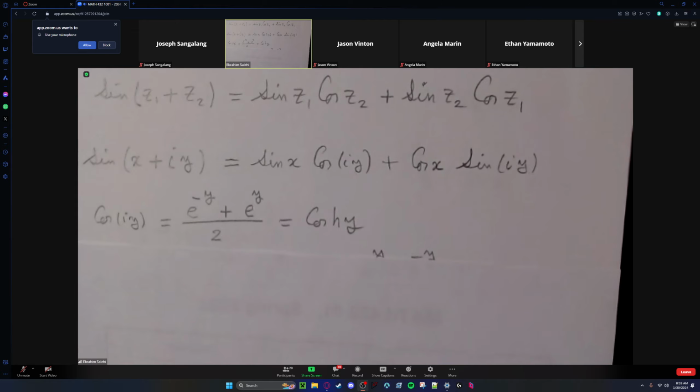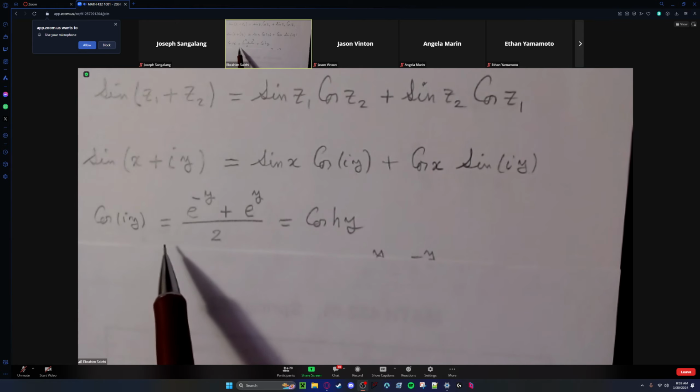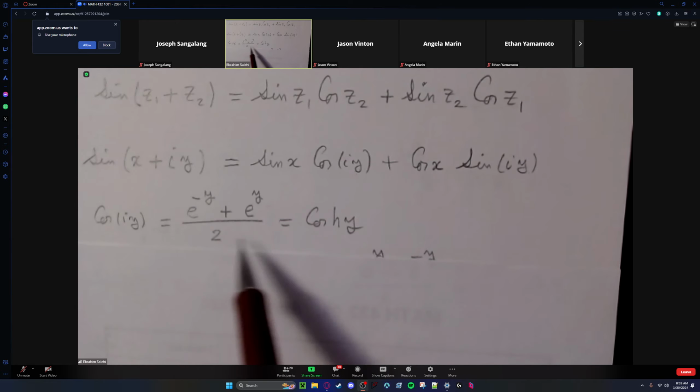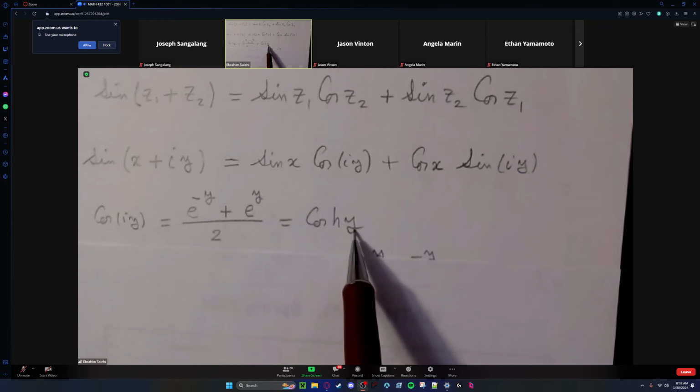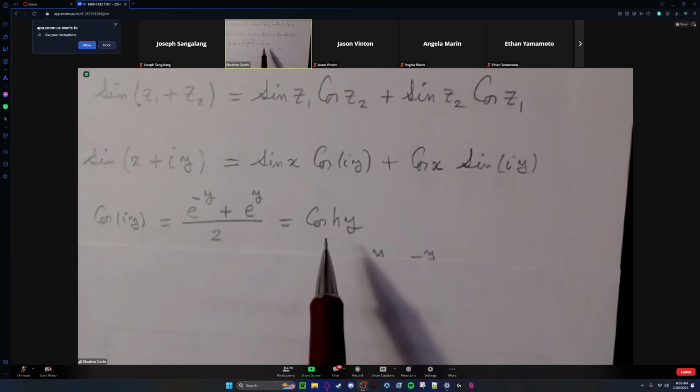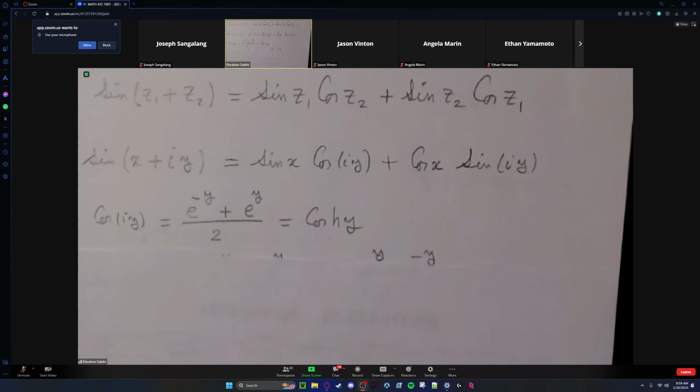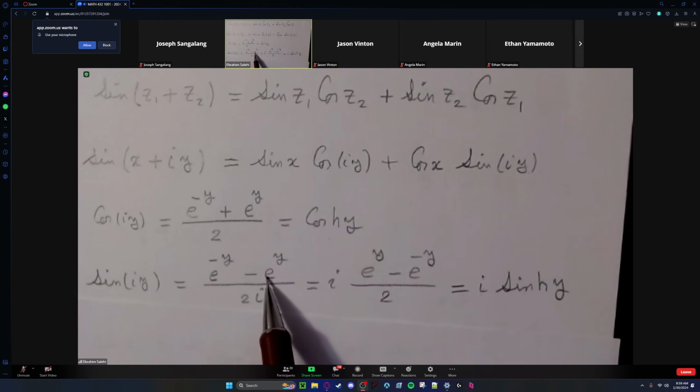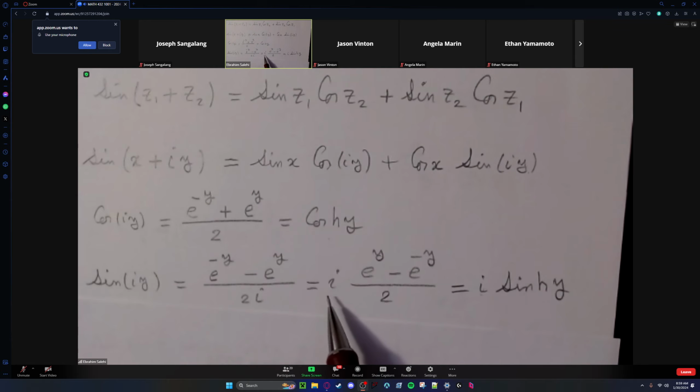So cosine of iy is this, which is cosine hyperbolic of y. Oh, well, we will use that one in there. How about sine of iy? Well, sine of iy becomes this one. You go ahead and multiply by and divide by i, you get this. So it is i sine hyperbolic of y.